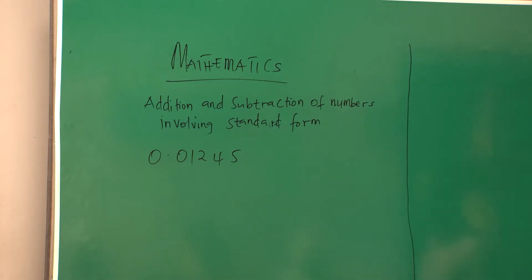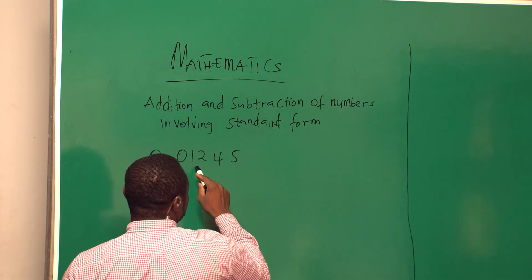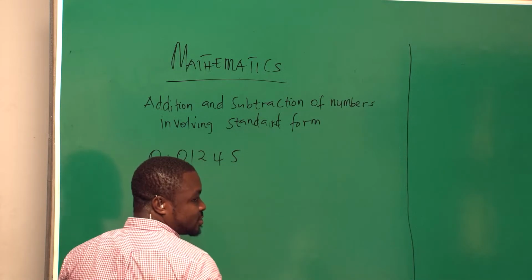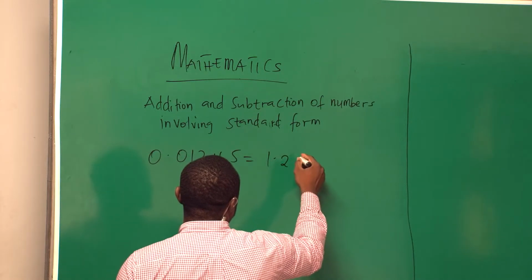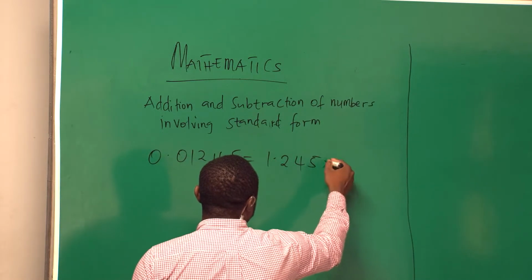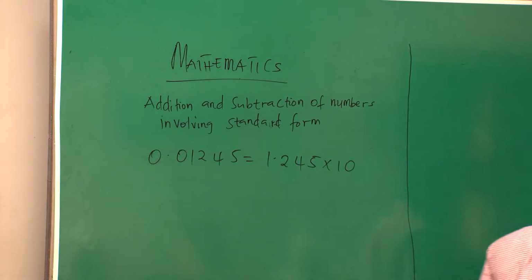You have 1, 2. So that's where the point should be. You end up with 1.2 times 10 exponent what? Is it 2? It should be 10 exponent negative 2, because we are counting from the left.